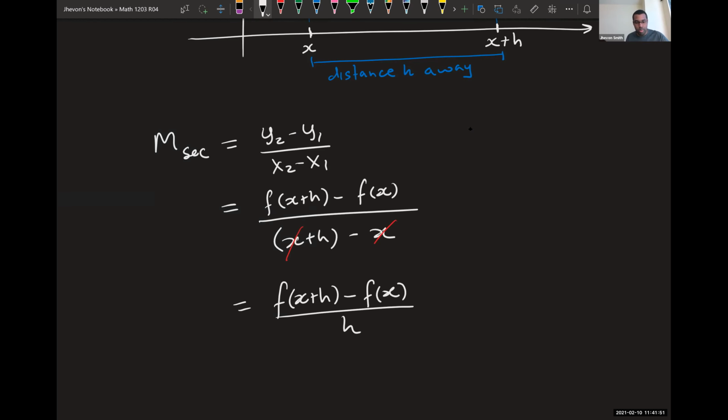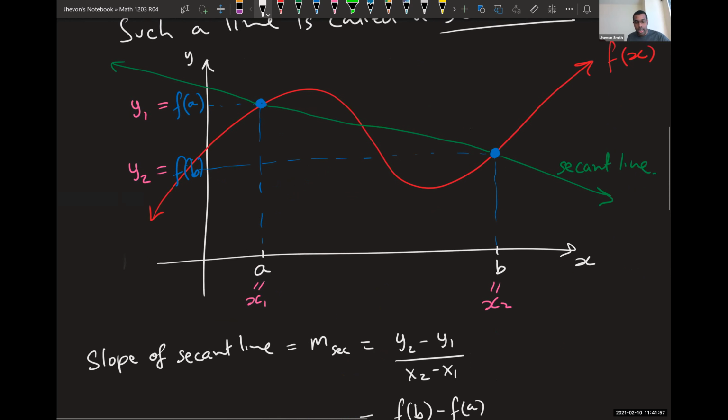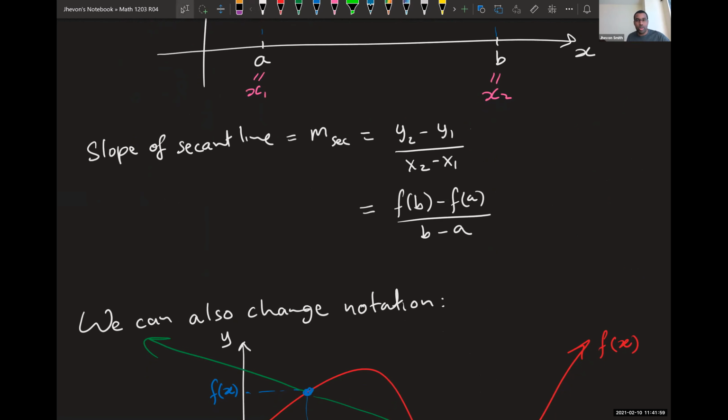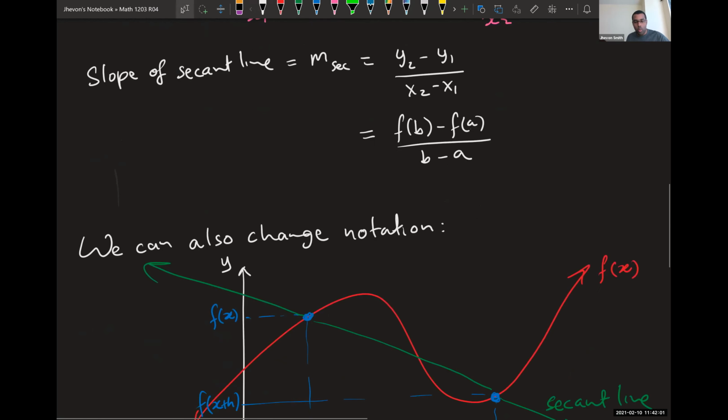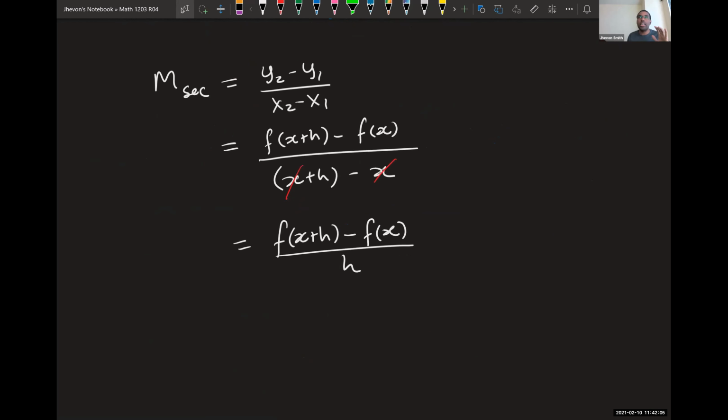But we'll get there pretty soon. So far, the difference quotient, or the slope of this straight line called the secant line, is referred to as the average rate of change. And why it's called that is the numerical value you get from it can be interpreted as how much the output changes per unit change of the input on average over some interval.